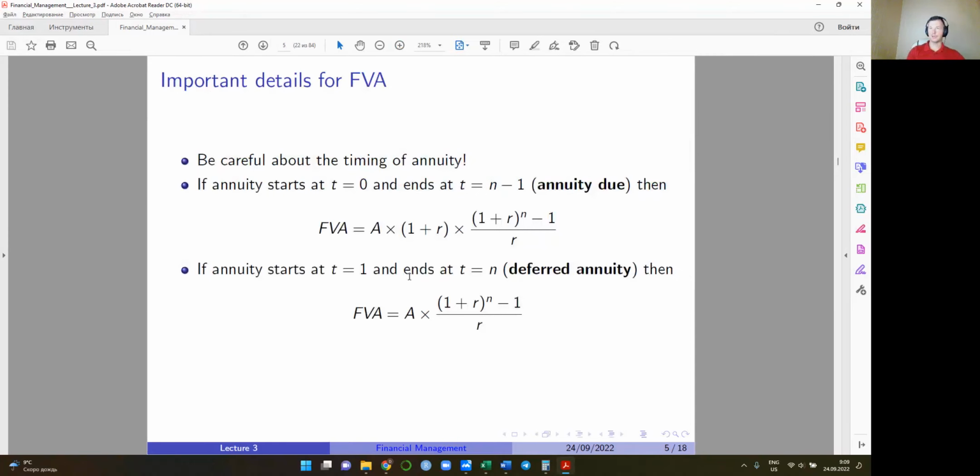So who can answer which case of these two we have in this example? Is this the first case or the second case? When you deposit money at the end of every period.